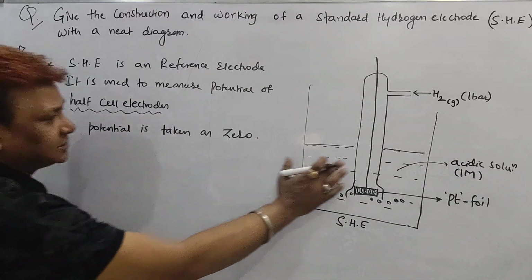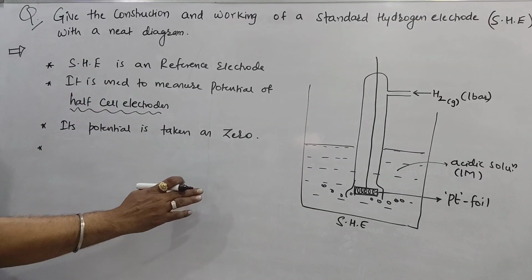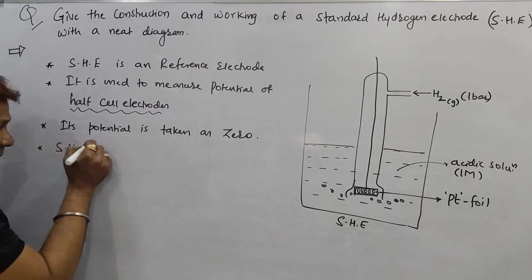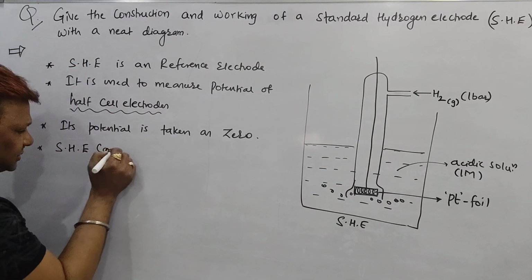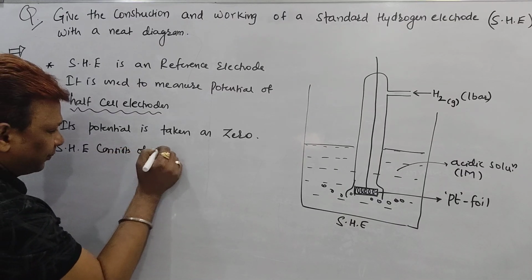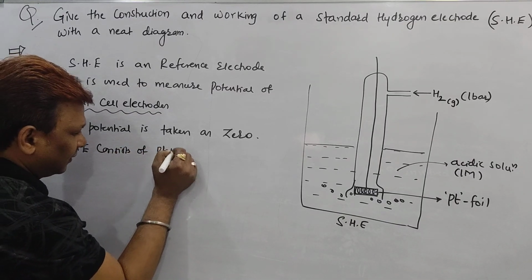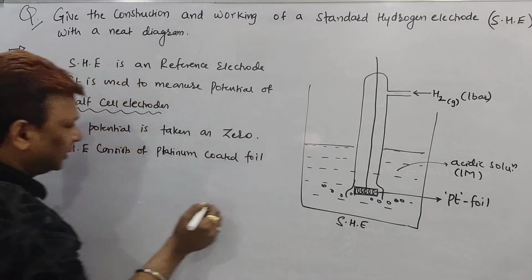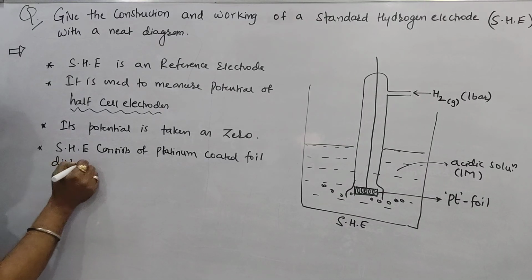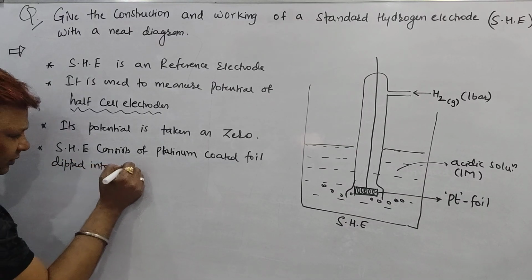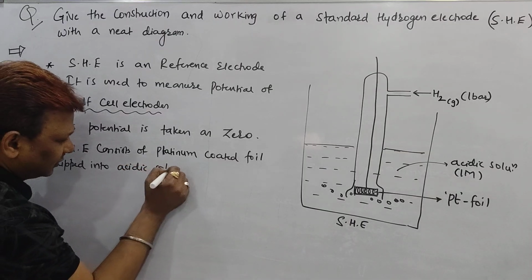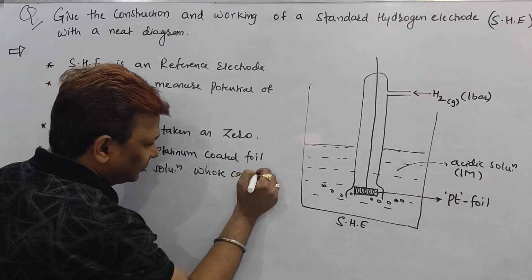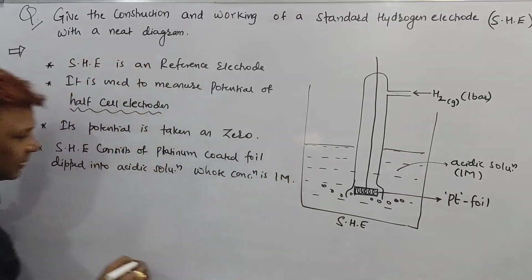The 4th point we will explain is the cell. What is the cell? Beta, this SHE is a platinum coated foil. So I should write here SHE. I am explaining this diagram. SHE consists of platinum coated foil dipped into acidic solution whose concentration is 1 molar.